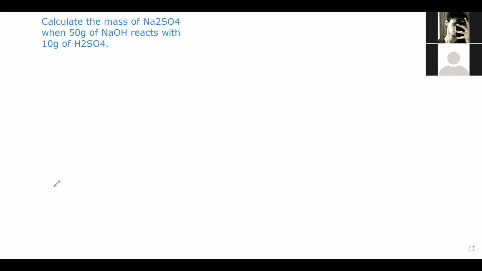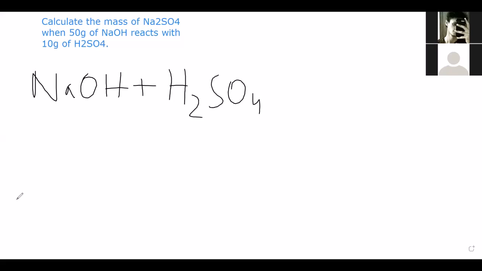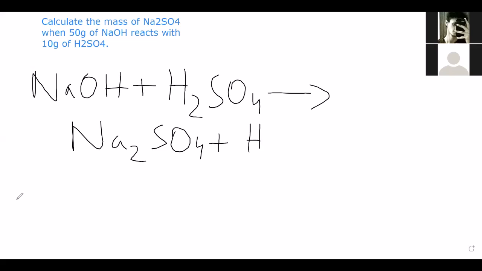So first we'll write the balanced chemical equation. The reaction is between sodium hydroxide and sulfuric acid, producing sodium sulfate plus water. Here we can see that the ratio is 2:1. Now first we'll find the moles of both the reactants.